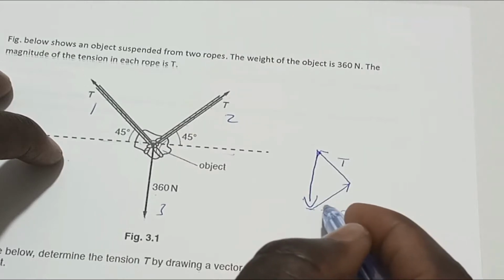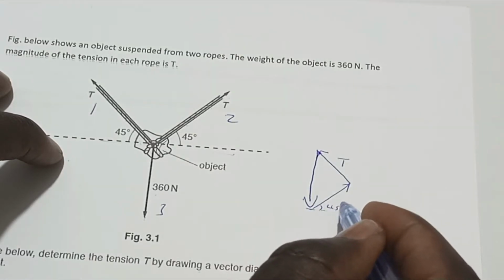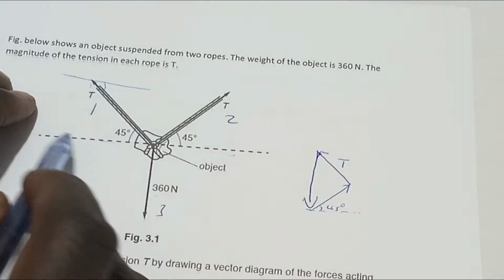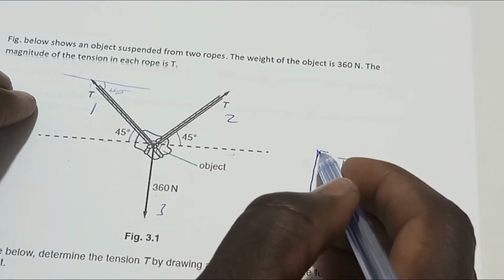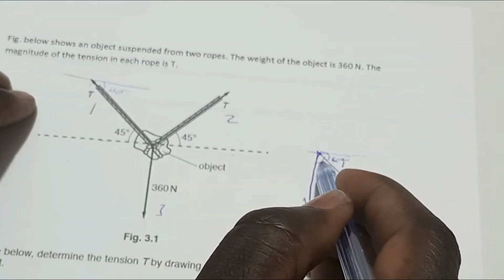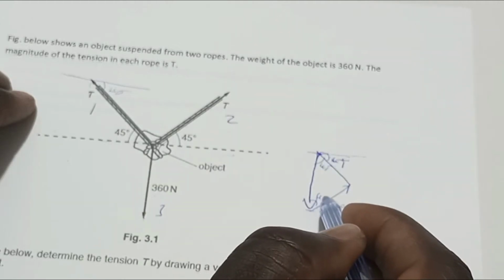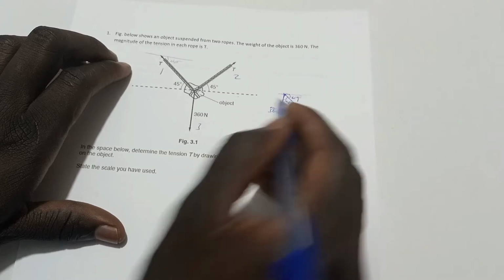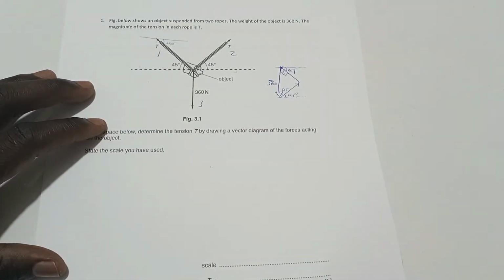If you sketch horizontal here, this is 45 degrees, and anytime you draw this line, because it will be parallel to this, it will be 45. So this is 45 and this is 45 degrees. But we have this which is 360 newtons. That is what we start with.